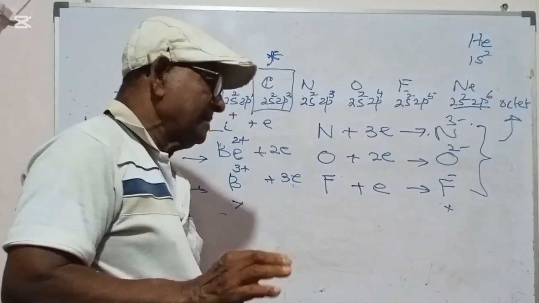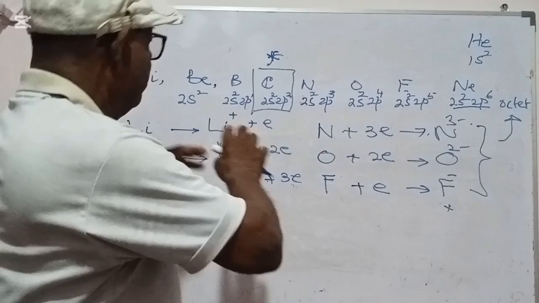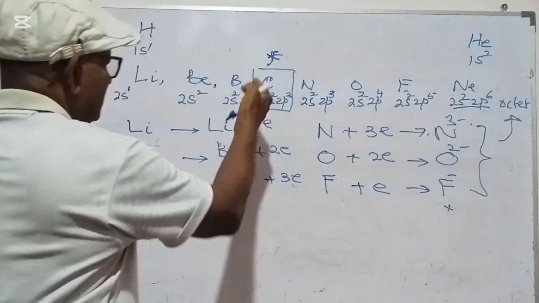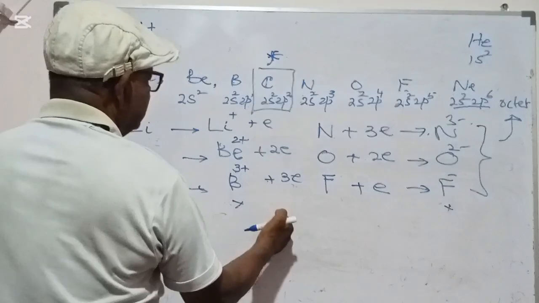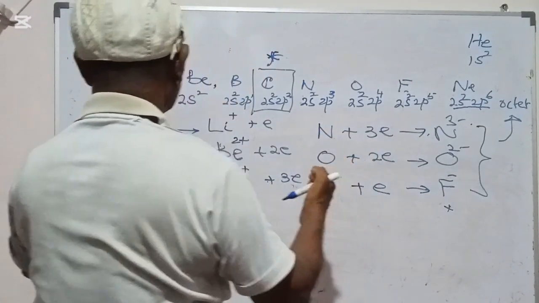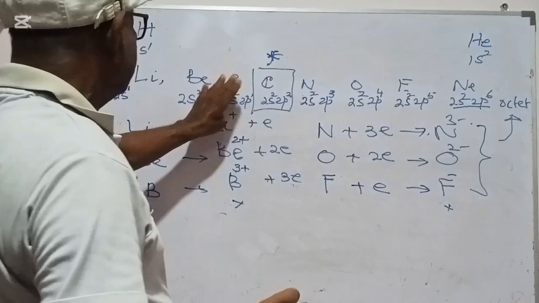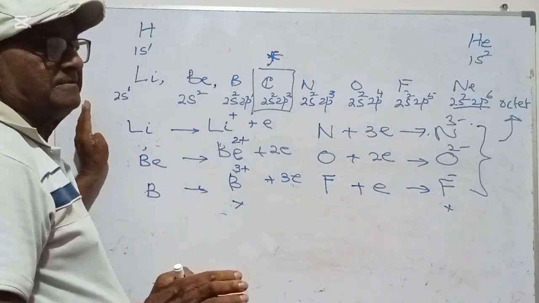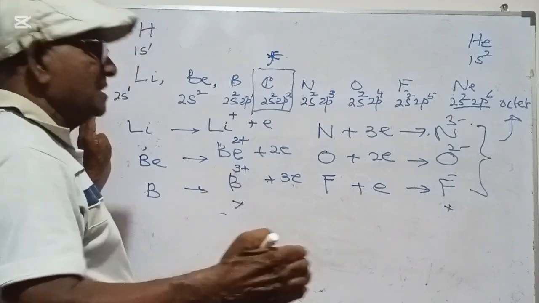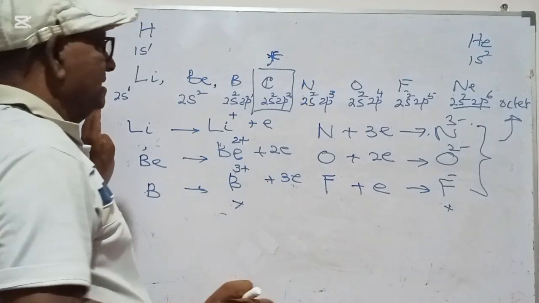So if we consider the periodic table, except carbon, the three elements on the left side of the period form positive ions by giving out electrons.